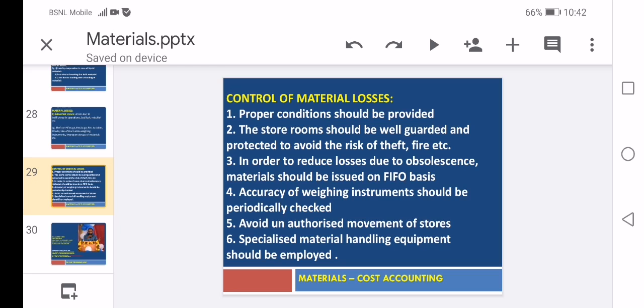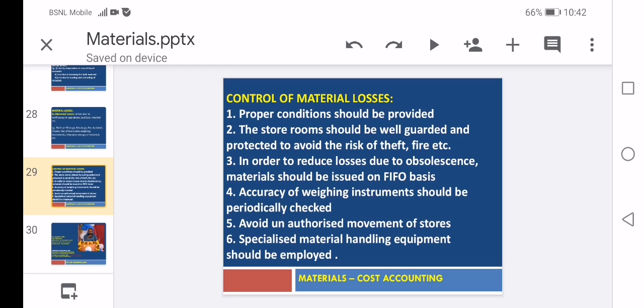The storeroom should be well guarded and protected to avoid the risk of theft and fire. So proper wiring and fencing etc. are required to avoid the problem of theft and fire.